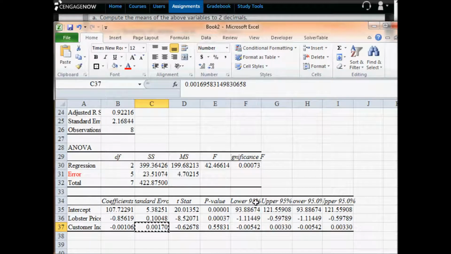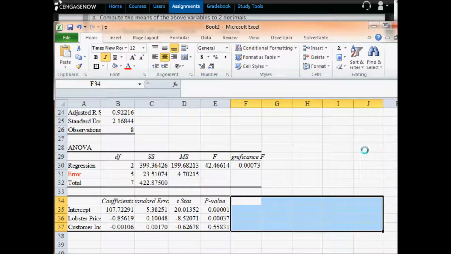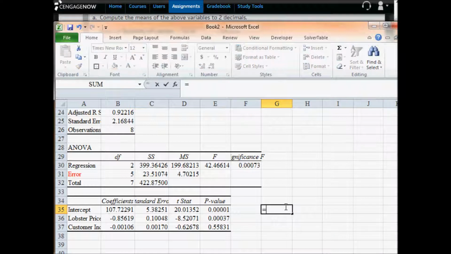Now I can show you, I'm going to delete this part here. Again, if I take the estimated coefficient minus 0, in this case just the estimated coefficient, and divide that by the standard error, I do in fact get the t-stat. And that's the case for all of them, right?